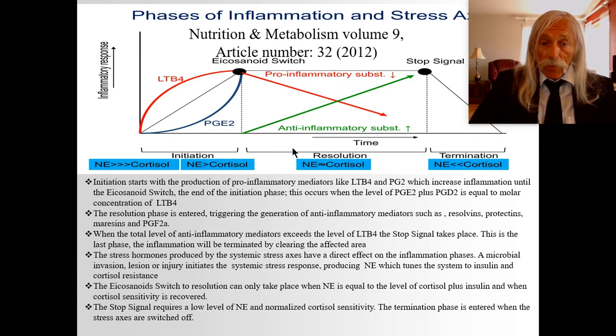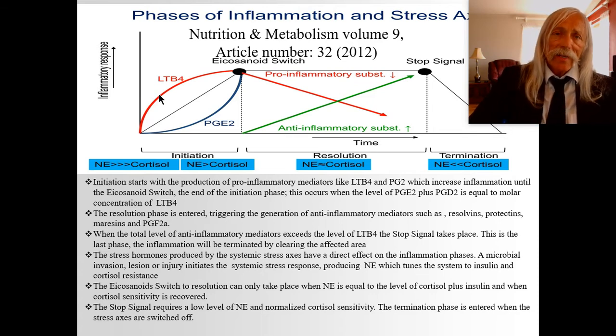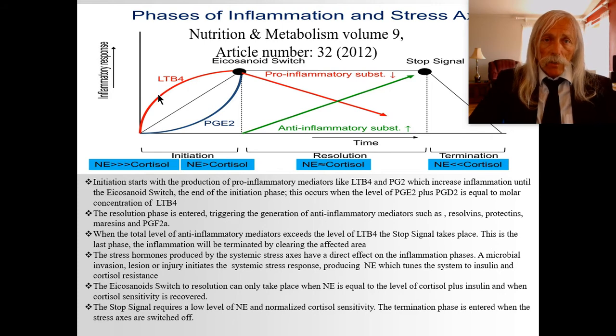Then during the resolution time of this mediation of an inflammatory response by these local hormones, like this leukotriene B4, this is a leukotriene made from the lipoxygenase pathway, which is an oxygenation of preformed polyunsaturated fatty acids, of the omega-6 positional isomers, usually very long-chain fatty acids.